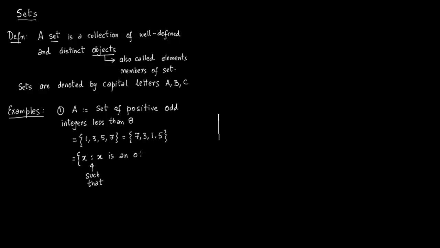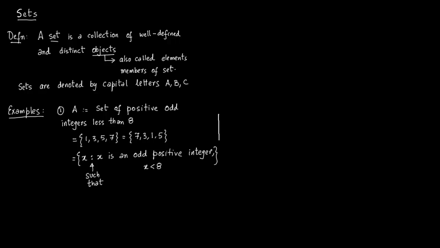You can also write it in another descriptive form. You can say x such that x is an odd positive integer and x is less than 8. So these are two different ways of writing the set of odd positive integers less than 8.